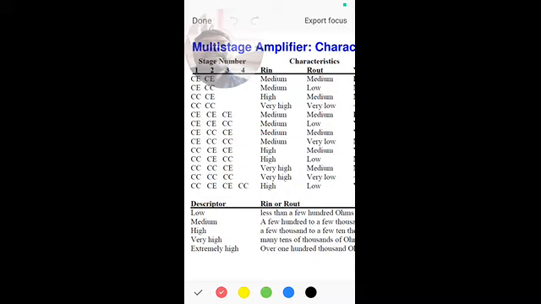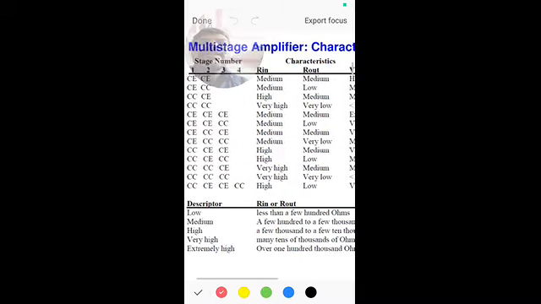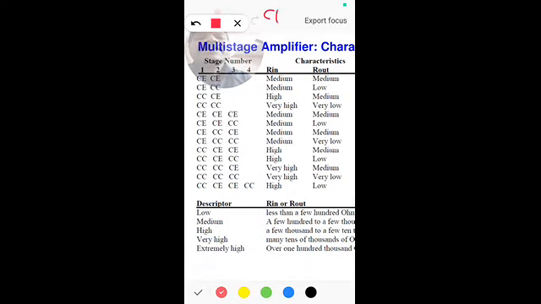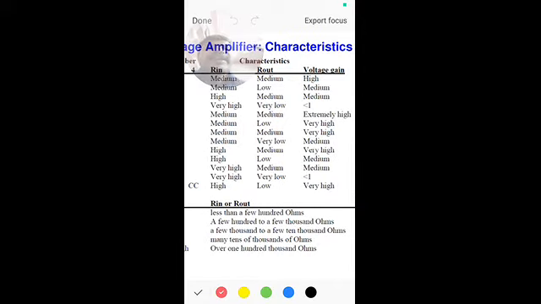And coming to the voltage gain for the CE, CE, CC configuration, it is very high, because in the first two stages we are using CE and CE. The voltage gain is medium in each of the two stages, and the gains get multiplied, so we'll get a very high voltage gain in the CE, CE and CC configuration.